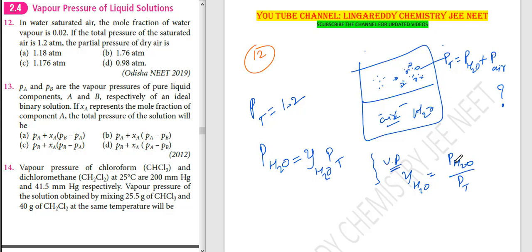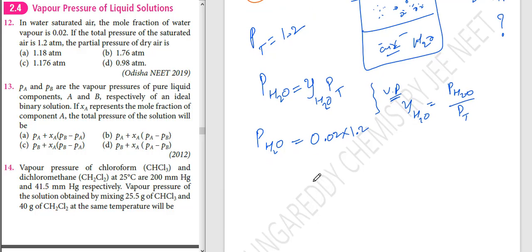So from this, PH2O equals YH2O into P total, right? This is the formula. PH2O equals, YH2O is given, 0.02, into P total, also given, 1.2. So now we got P water, 0.024.